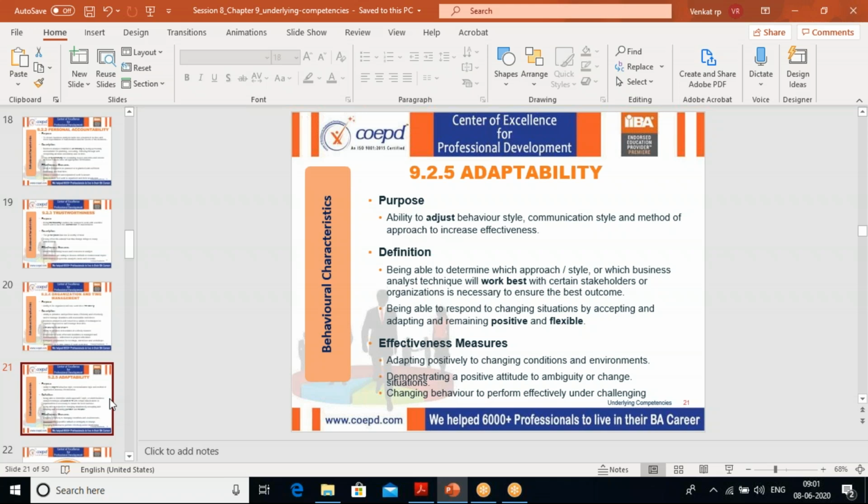Number one, if you join a project, you should adapt yourself to the culture of that team, the culture of the work, and you should also adapt to the communication styles they use, and you have to quickly learn the keywords of that particular process and give your best to it.